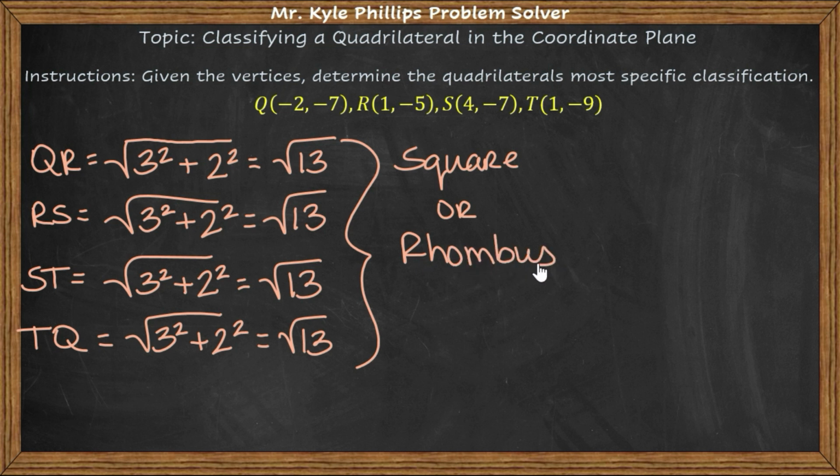So again, how do we determine? Well, in a square, the sides are equal and the diagonals are equal. In a rhombus, the sides are equal but the diagonals are not. So we are going to have to compare our diagonals as well. I'm going to compare Q to S and find that length. -2 to 4 is a length of 6. -7 to -7 is a distance of 0. So this is the square root of 36, or 6.